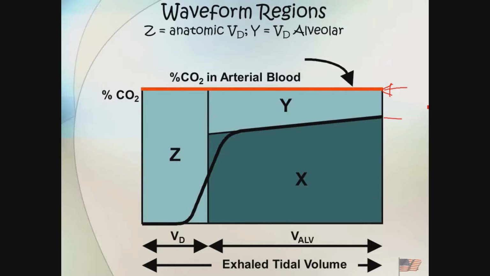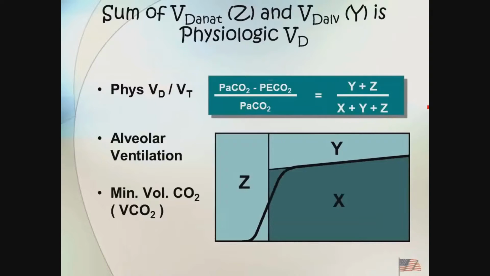This will give us that area of Y here, that's the letter Y, not WHY, giving us the same exact information on a breath-by-breath basis. So this is just showing how they're calculating physiological dead space.